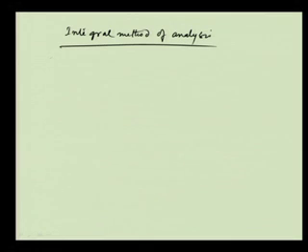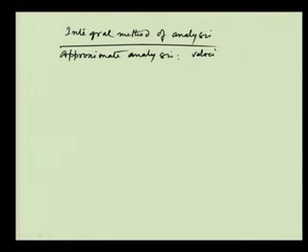Now, what happens in that case? As I already discussed, the integral method of analysis is also called the approximate method of analysis. This is called approximate because here a velocity distribution is assumed.